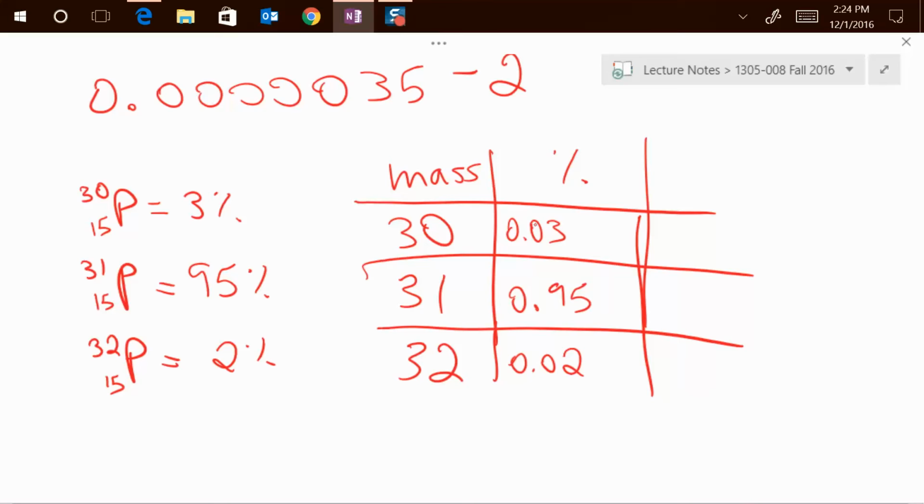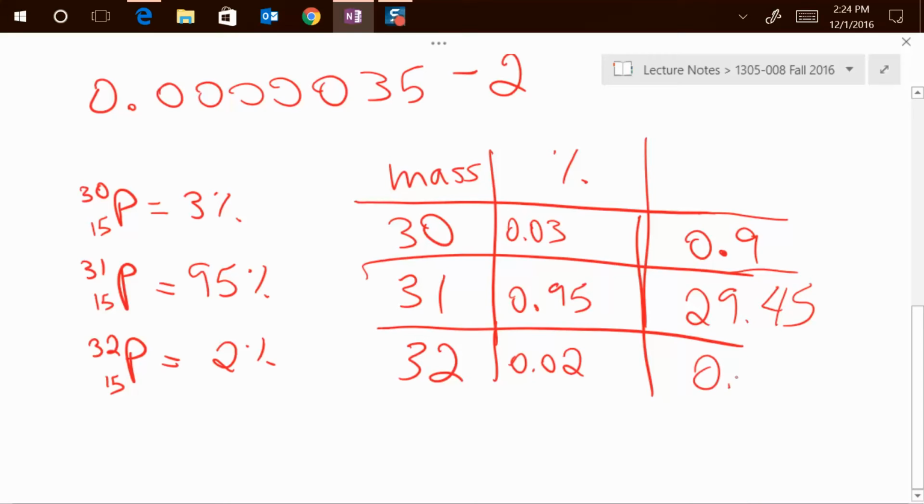Now, I'm going to take 30 times 0.03. What do I find? 0.9. Then 31 times 0.95, and 32 times 0.02, which is 0.64. Now I'm going to add them all together.